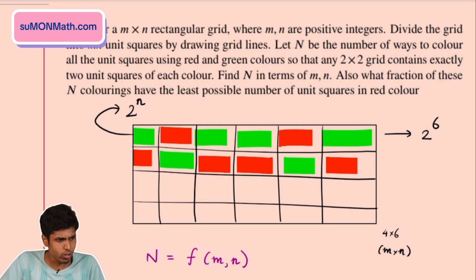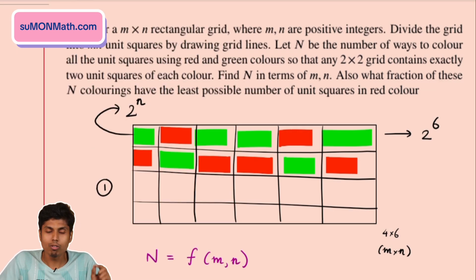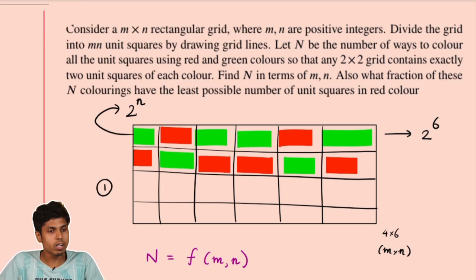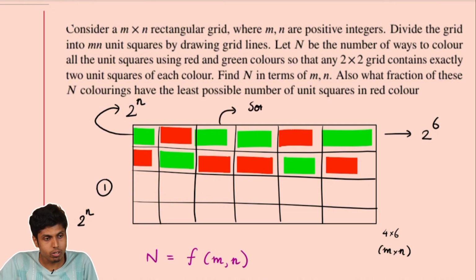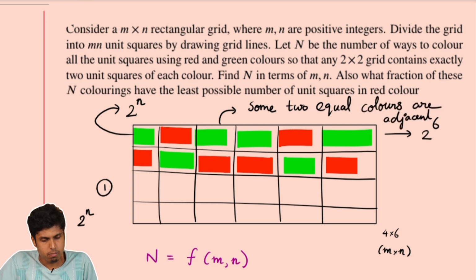Therefore, you are going to have just one possibility for this one way of coloring. Similarly, 2 power n possibilities for 2 power n ways of coloring the first row. But wait, I assumed that some 2 equal colors are adjacent. This is a special condition, we can't impose it for all those 2 power n configurations.